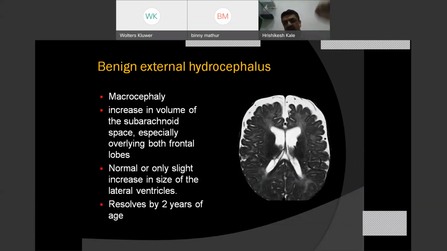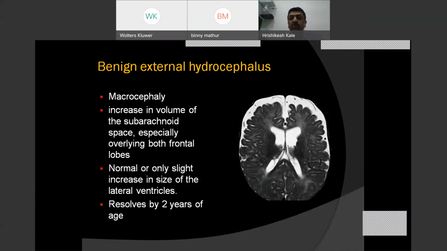Then this is another topic I wanted to discuss since this is related to NPH. So benign external hydrocephalus, these kids usually present around 1 year of age with enlarging head size. There's an increase in volume of the subarachnoid space and maybe a slight increase in size of the lateral ventricles. This usually resolves by 2 years of age.